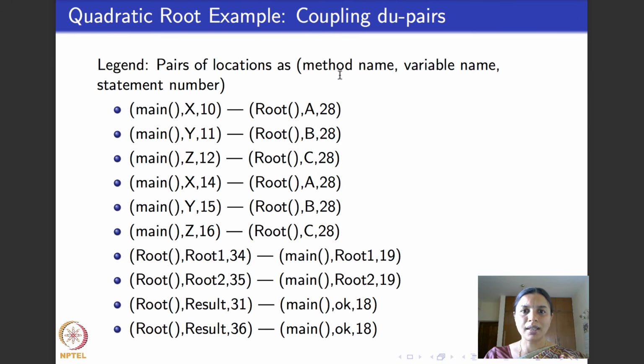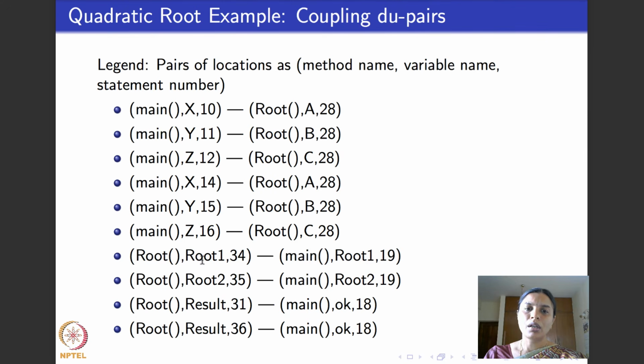So read this as: which method is using it, which is the actual variable name, what is the statement number. That's what I've given. Method, variable name, statement number. Method main calls method root at line number 10 by passing actual parameter x and formal parameter a, where a is used at line number 28, right? And so on for the other things also.